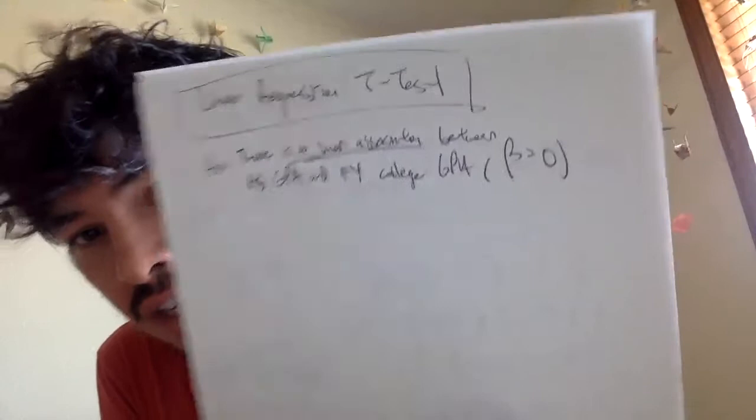There's no association. And then the alternative, and let's see what this one asks for. Is there evidence of an association between high school and first year college GPAs? So it doesn't say positive association. It doesn't say negative association. It just says an association.